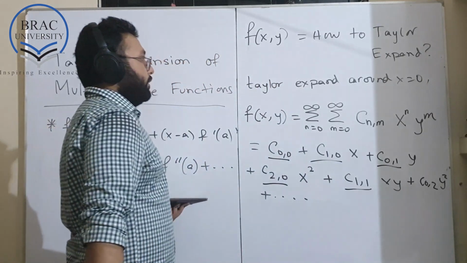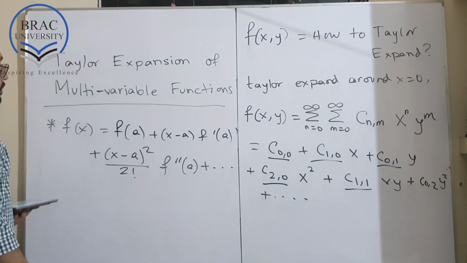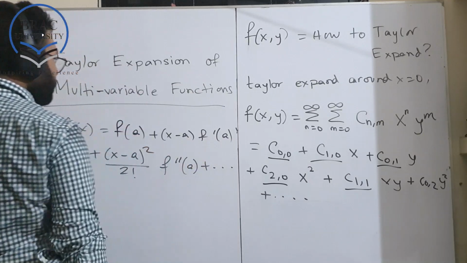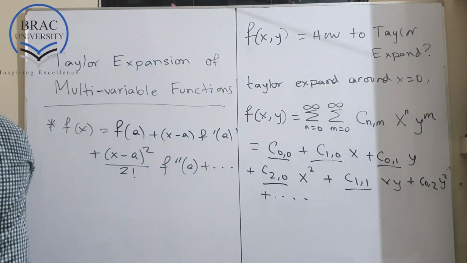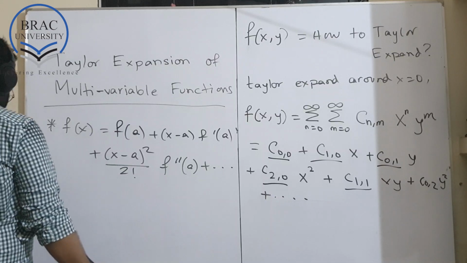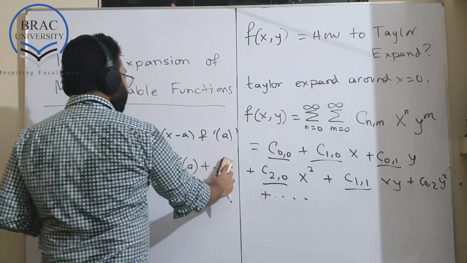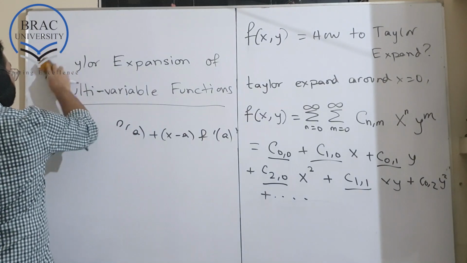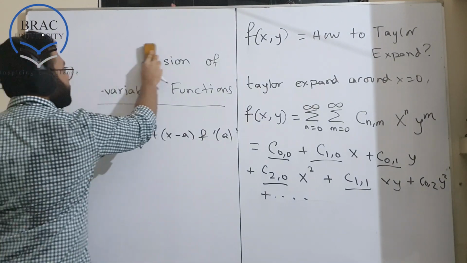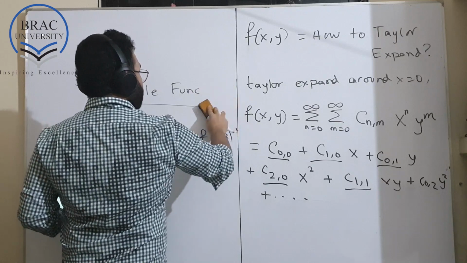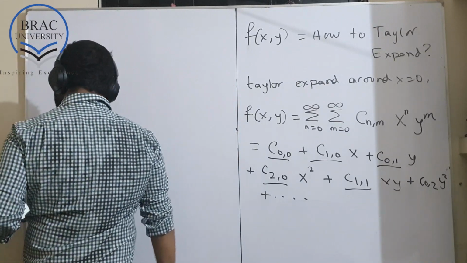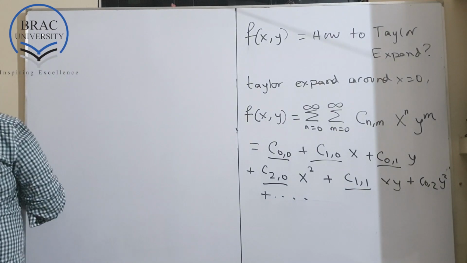We use a similar technique. What did we do in the case of a single variable? We took derivatives to find out the coefficients, right? But there is an issue. We have a two variable function, but our Taylor expansion previously was for a single variable.